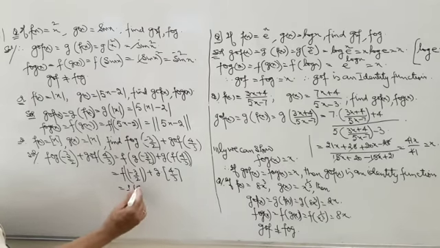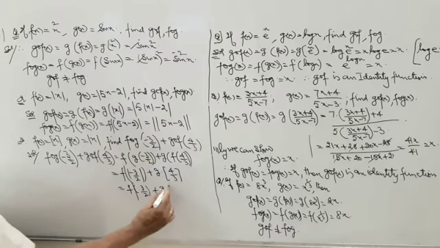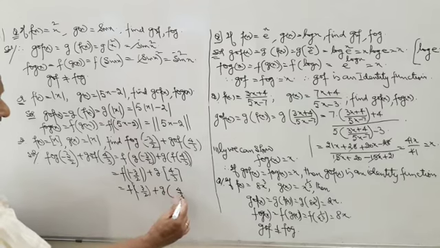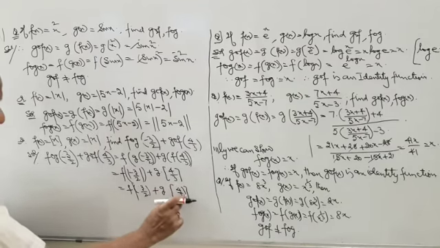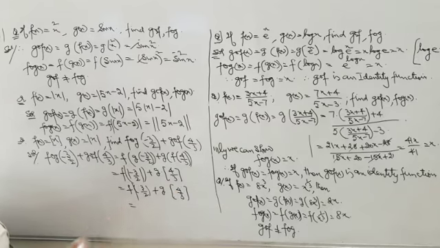g of minus 3 by 2 means the modulus of 3 by 2, which is positive, plus g of the integer of 4 by 3. Now f of 3 by 2, the integer of 3 by 2, plus g of the integer of 4 by 3.